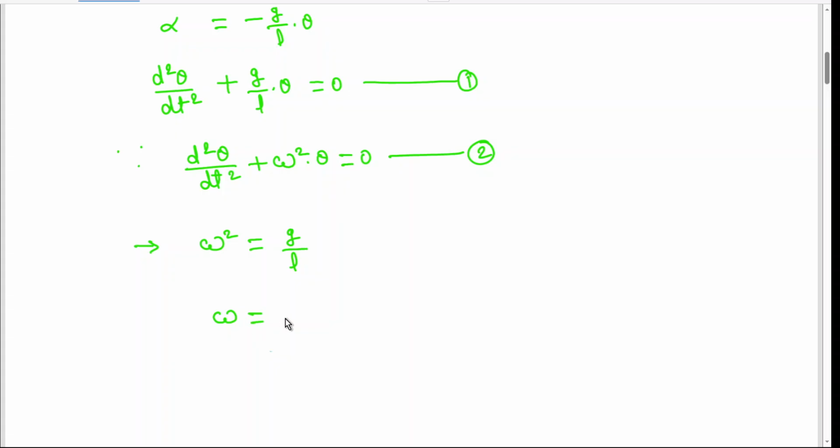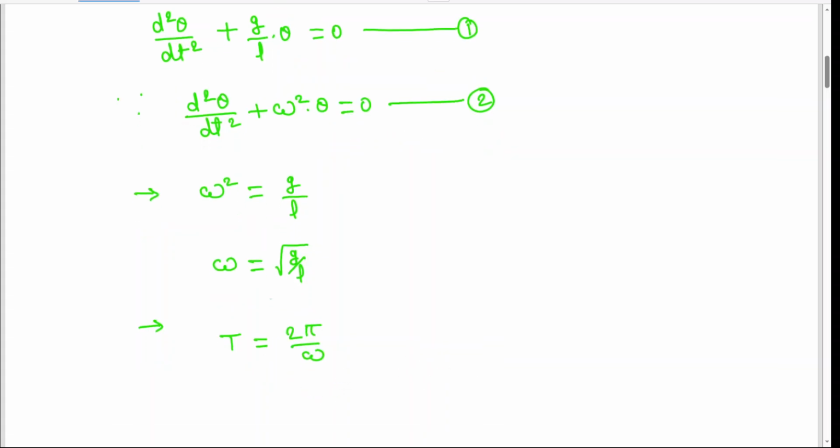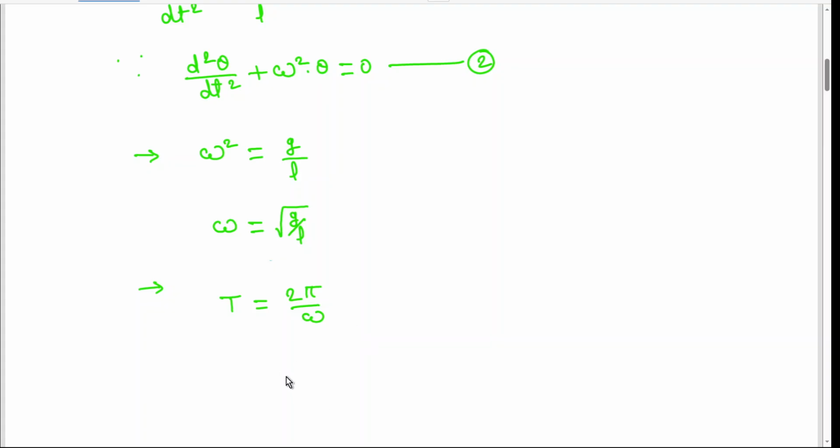So omega we get as root over g by L. Now since we need to find the time period, time period T will be equal to 2 pi by omega, right? So we will put the omega value in this expression, and we find the time period is going to be 2 pi root over L by g, right?